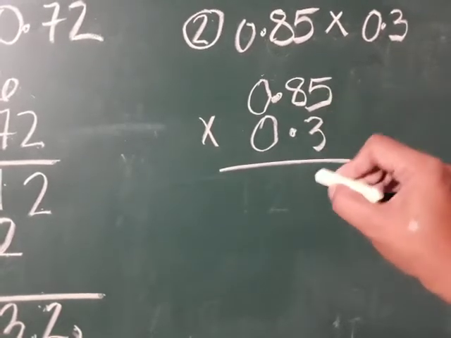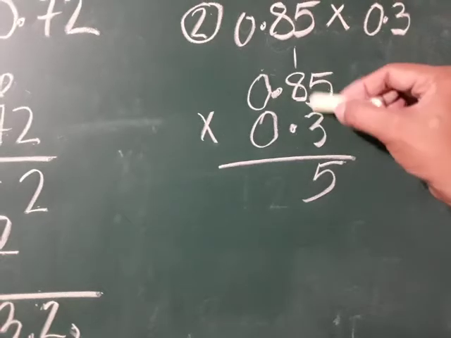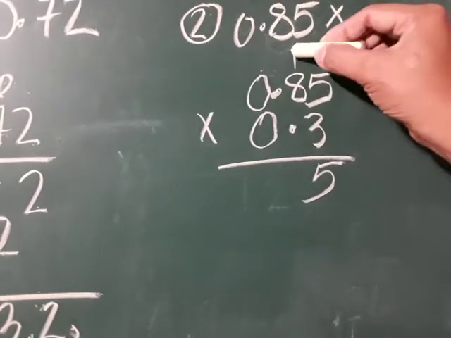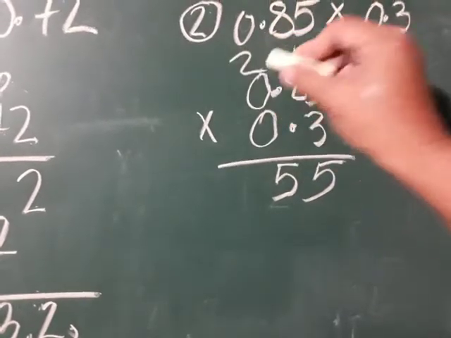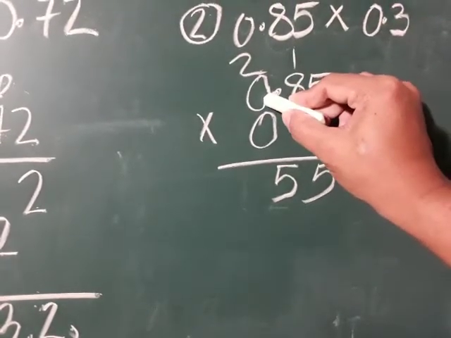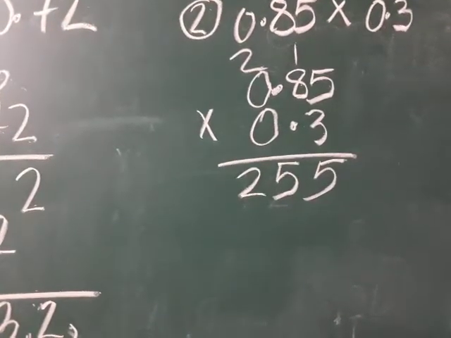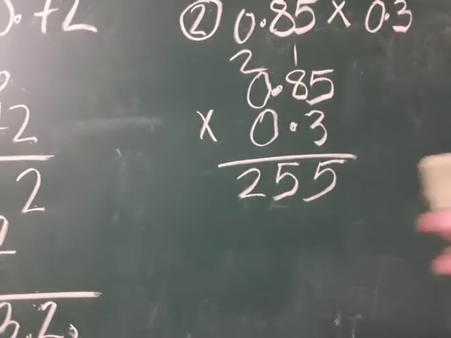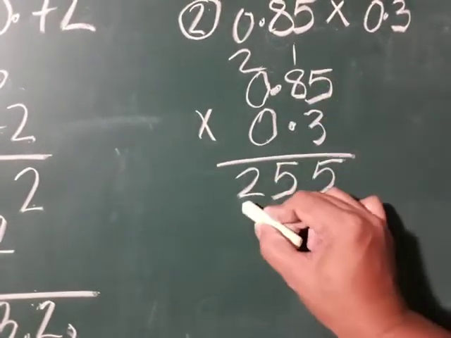So 3 times 5, 15, carry 1. 8 times 3 is 24, plus 1, 25, carry 2. 3 times 0 is 0, plus 2 is 2. Okay, are we going to proceed? Okay, yes. 0 times 5, 0. 0 times 8, 0.